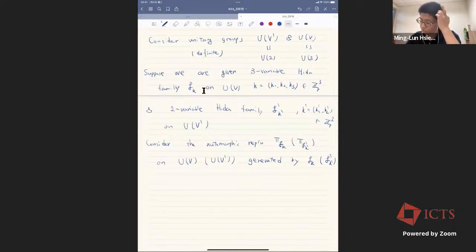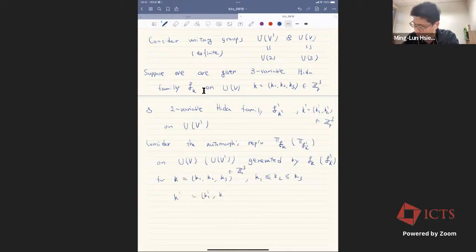But if we want to really get an automorphic representation, then we have to assume for k = (k1, k2, k3) a dominant condition in Z^3, and k' is the same in Z^2.